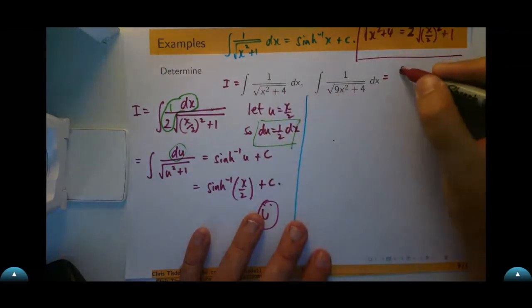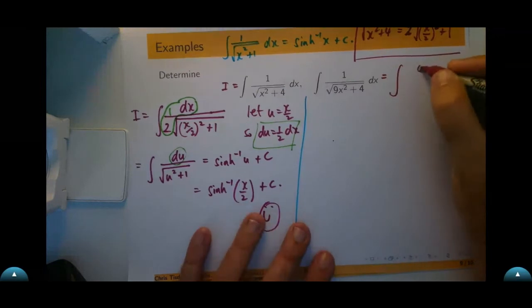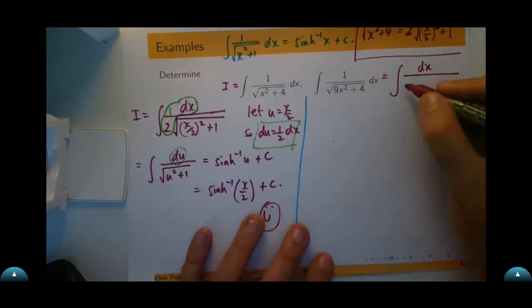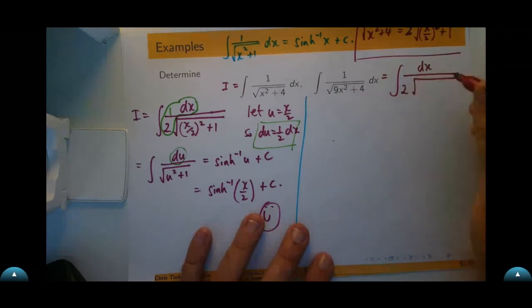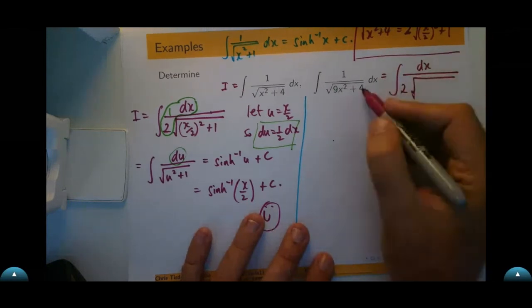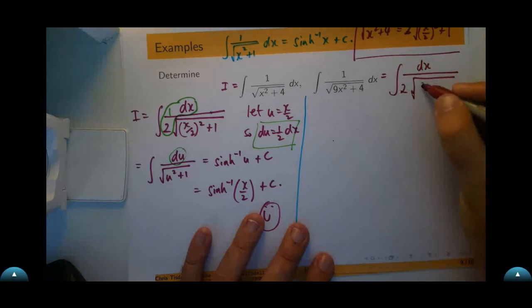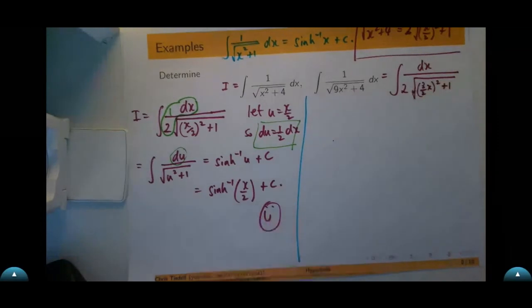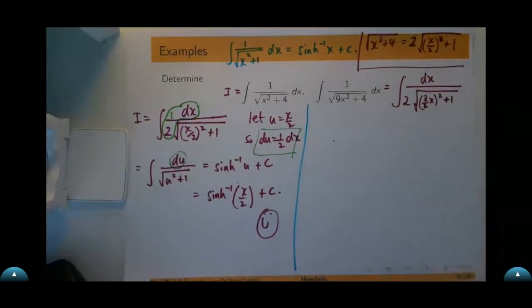So you can write it like 3 on 2 times x all squared plus 1. A little bit of algebra there. See if you can check that.